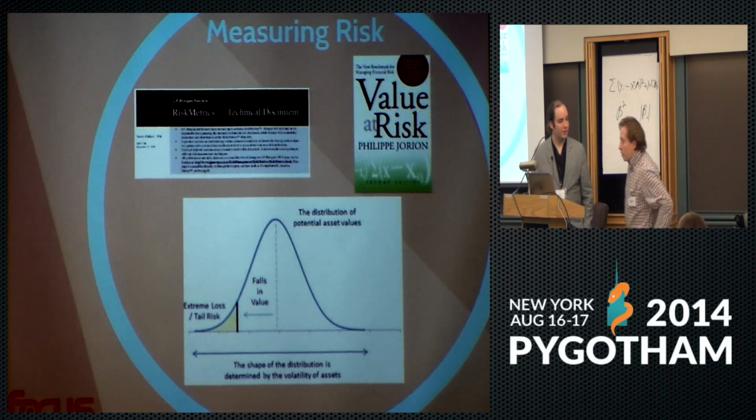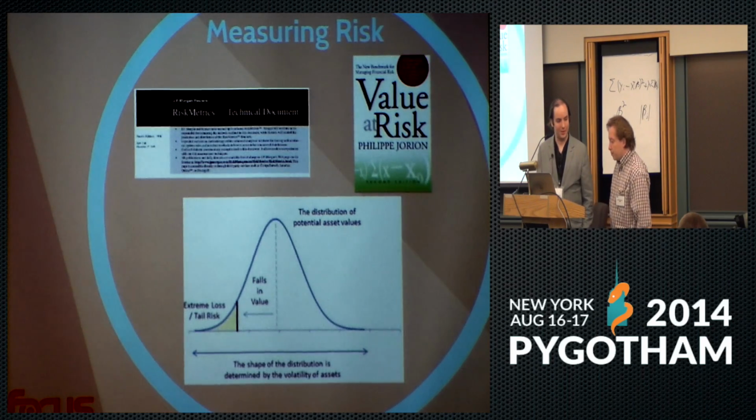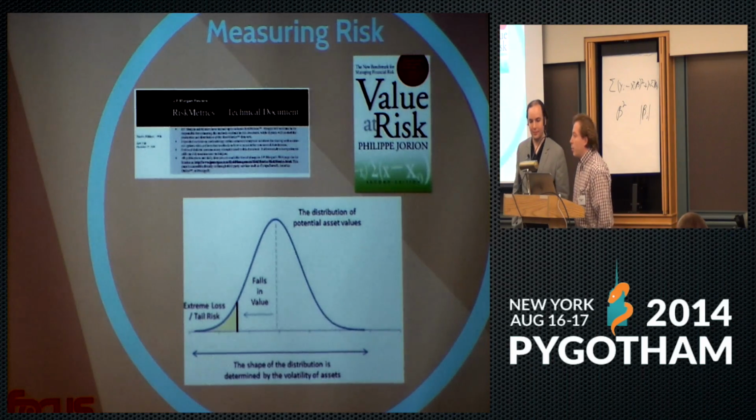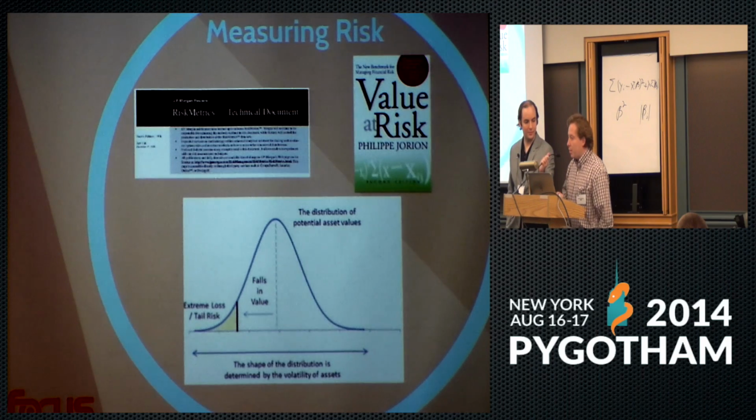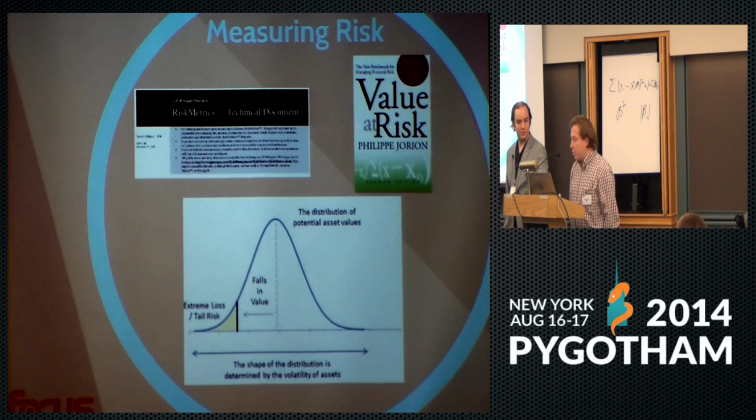Okay, so then we get to the computations. We are using just a traditional value at risk. The two original documents are the arithmetic document from 1996 and the book of Philippe Jorion about value at risk, so you can find that.